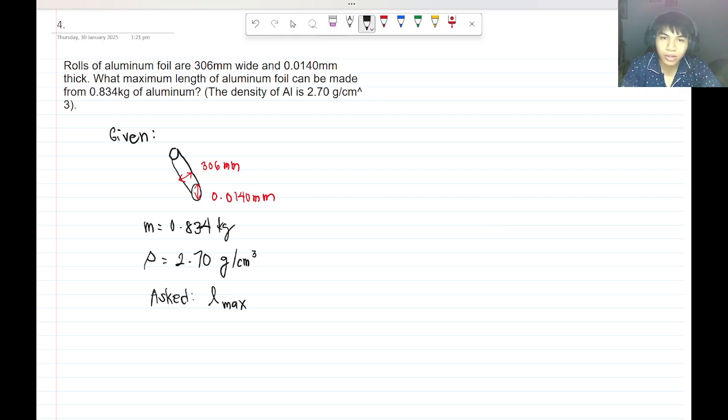So let's just write a solution here. I think it would fit. Yeah, actually, I think it would fit. So first, let's calculate the volume. That's mass over density.